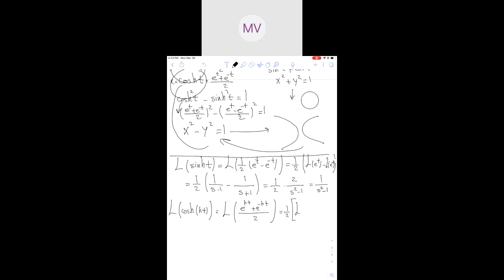So it's Laplace of e to the kt plus Laplace of e to the negative kt. So it's half. All right. According to the table, we have already proved this. It's 1 over s minus k plus 1 over s plus k, for e to the negative kt.